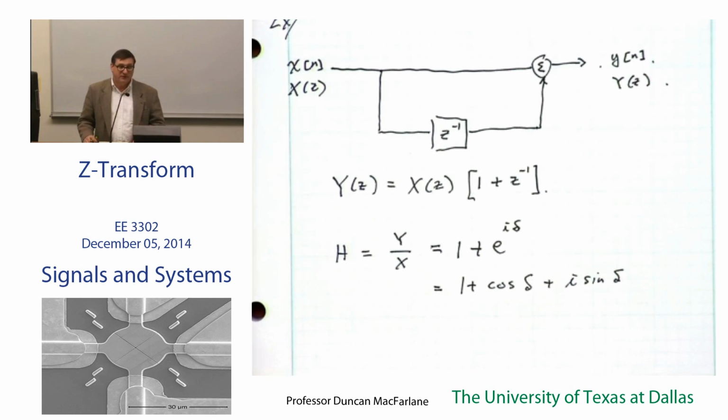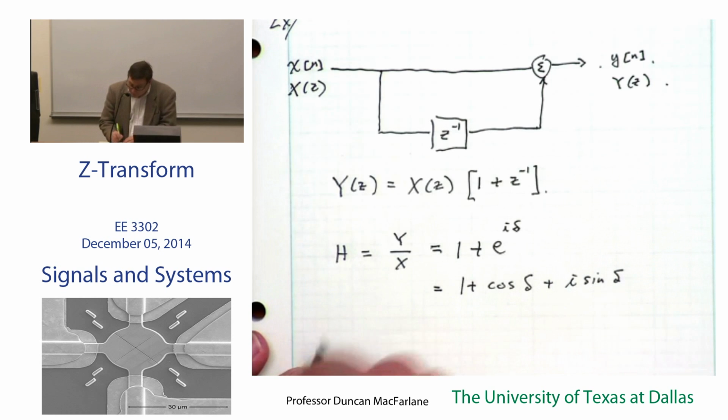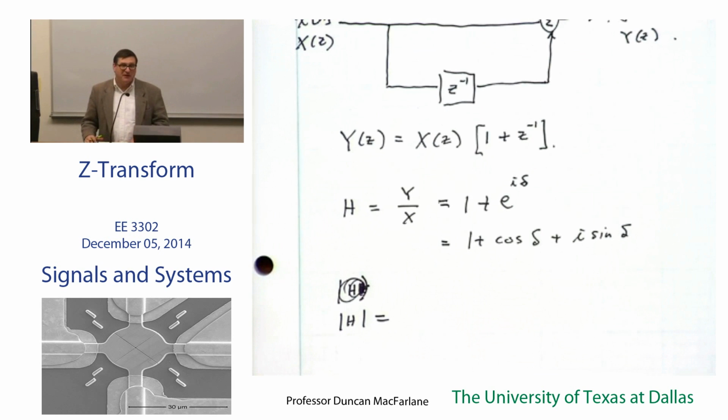Euler's relationship. Okay? And if I want the magnitude, I'll be a little careless about what space I'm in now, because I seem to be straddling somewhere between the Z-Transform and time and frequency, and that's purposeful, right? That's purposeful, blending these perspectives together.